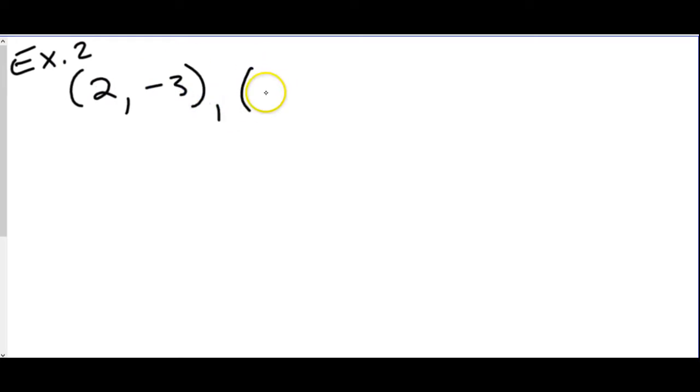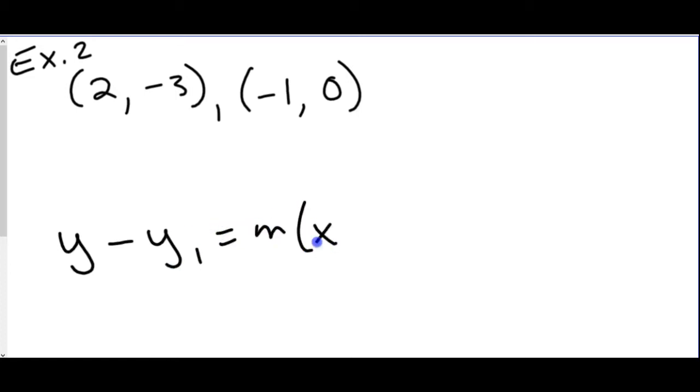So what they can also do is give you 2 points instead of a slope and a point. So let's say we have the point 2, -3, and the point -1, 0. So we still are eventually going to use this y minus y1 equals m times x minus x1 equation. But first we have to know how to find slope.